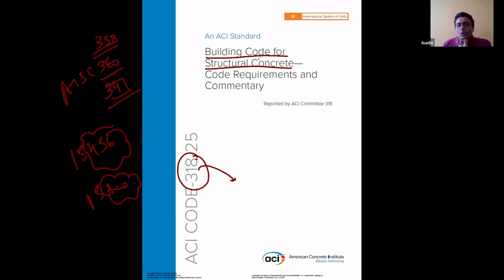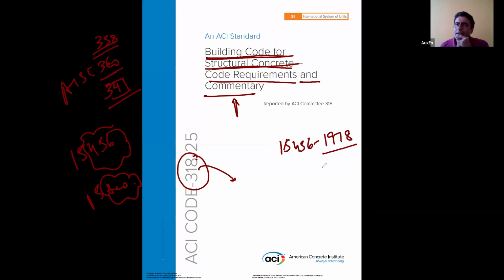So this is the building code for structural concrete, and it includes the code requirements and also the commentary. One good feature of these American standards is that the commentary is published with the code. Unfortunately, in the IS, they don't publish the commentary. If you see the IS 456, I think the last time a commentary was published was for the 1978 version.